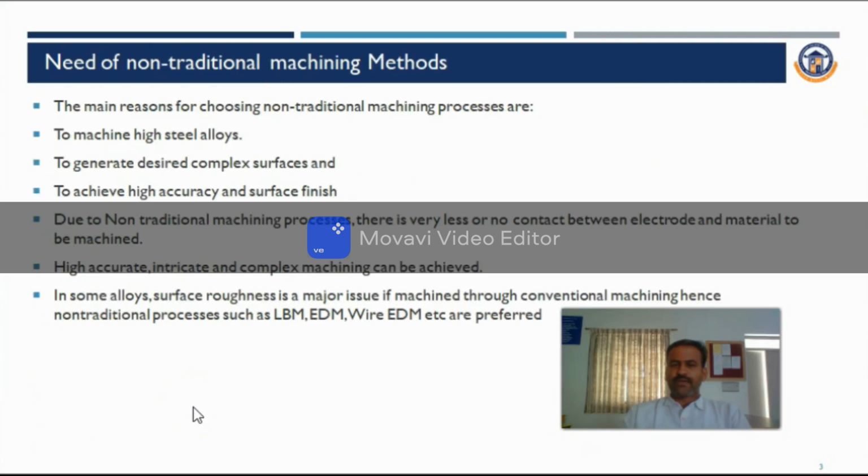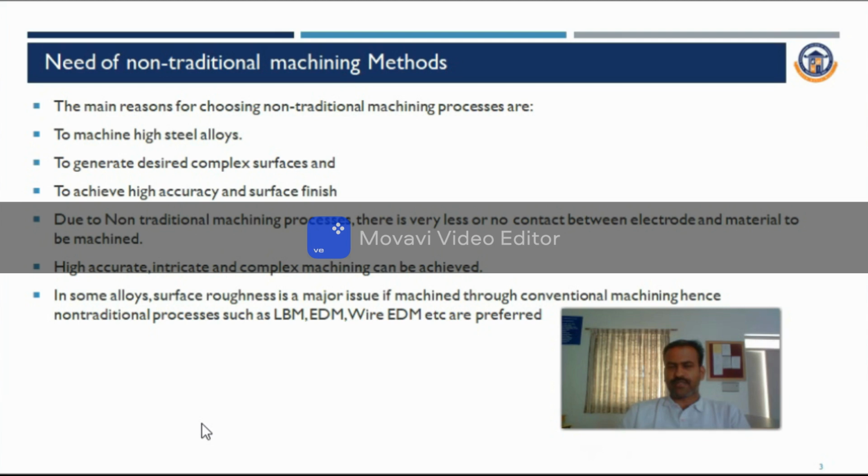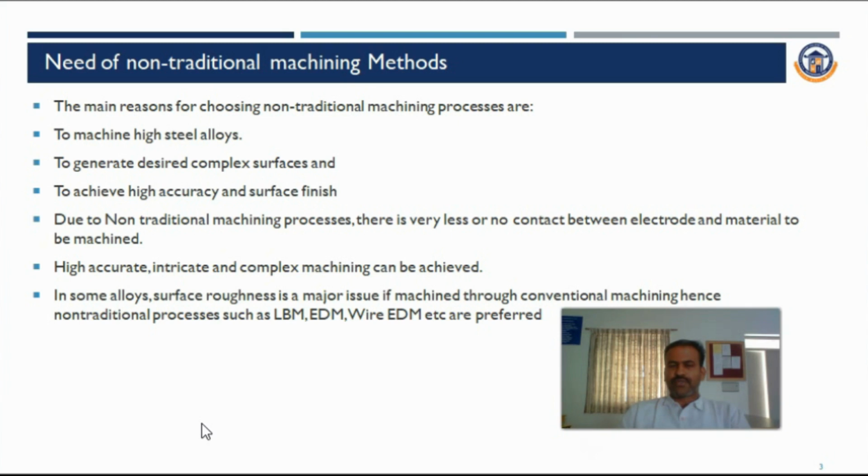So, the need for non-traditional machining methods. Why do we go for the non-traditional machining process or unconventional machining process? What is the reason behind that? The main reason for choosing non-traditional machining process is to machine high strength alloys. If you would like to machine high strength alloys, the non-traditional machining process is the best suit. It is used to generate desired complex surfaces and to achieve high surface finish and high accuracy.